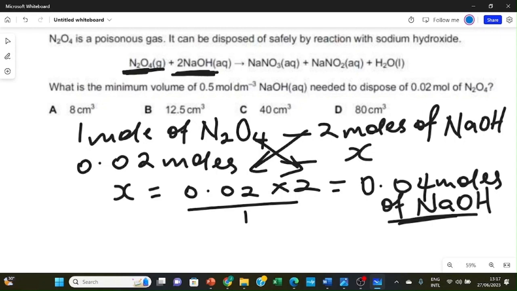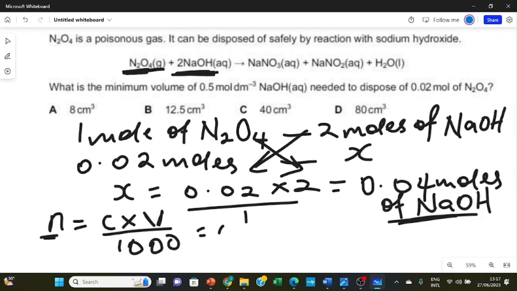Applying our formula, number of moles is equal to concentration times volume over 1000. 0.02 mole of N2O4 will require 0.04 moles of sodium hydroxide.